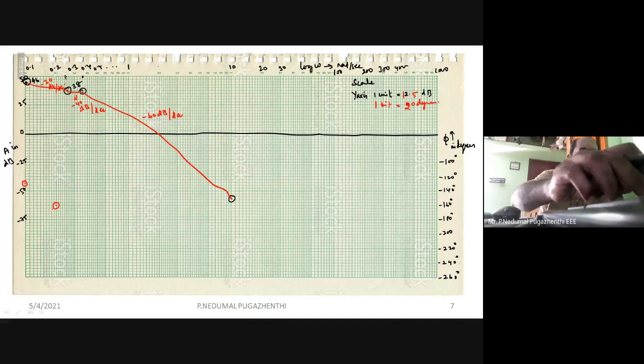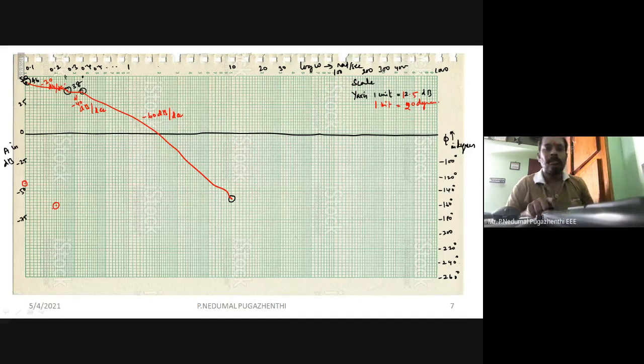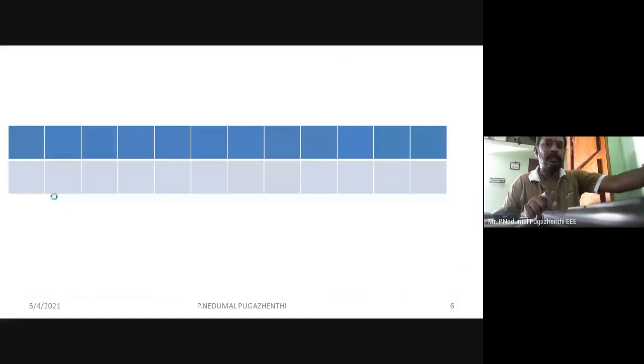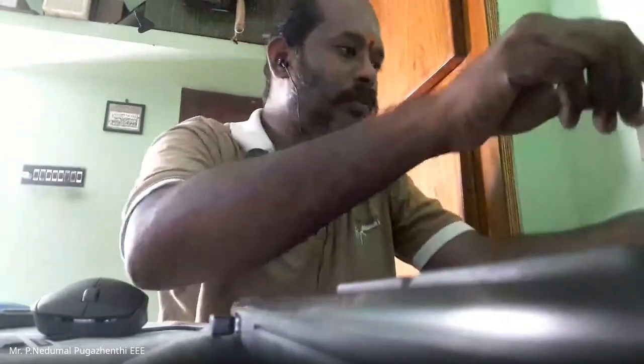I think my power supply is not available. Let me connect it. Just a minute.